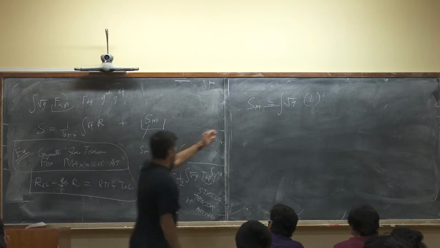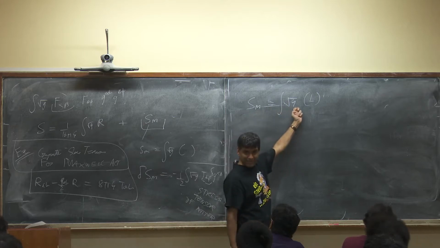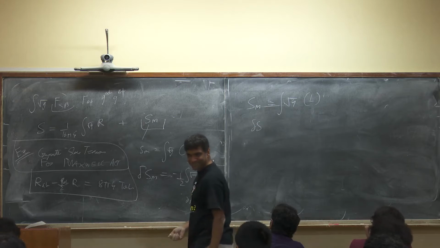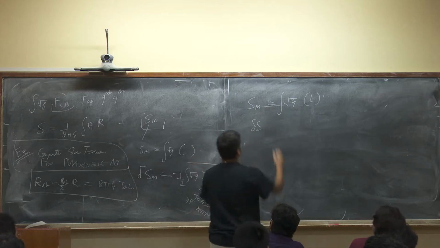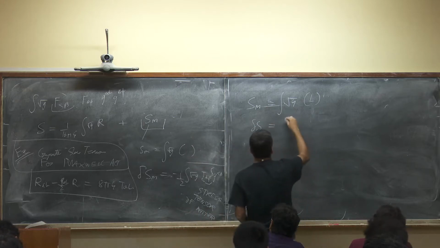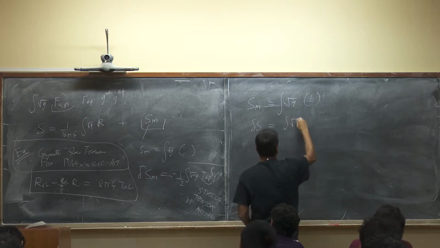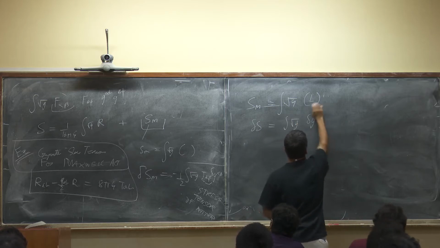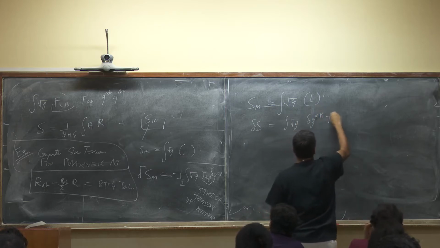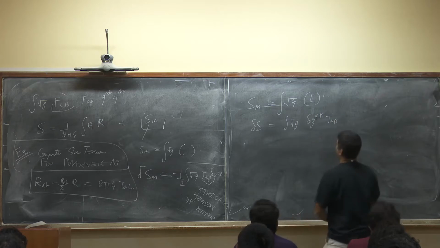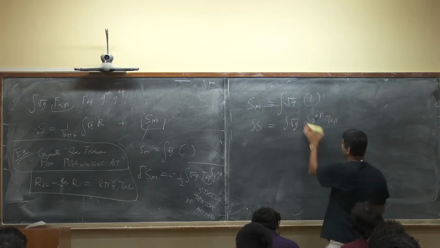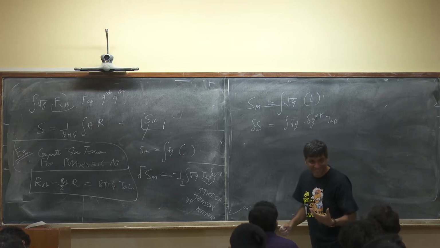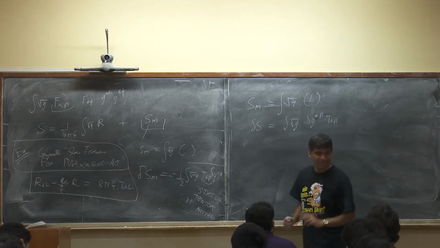So under an infinitesimal coordinate transformation, delta S will be equal to square root g times delta g alpha beta times t alpha beta, where this delta g alpha beta now is the change in the metric under an infinitesimal coordinate transformation, the Lie derivative.